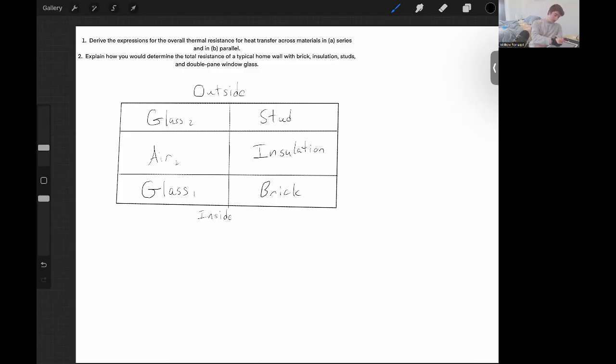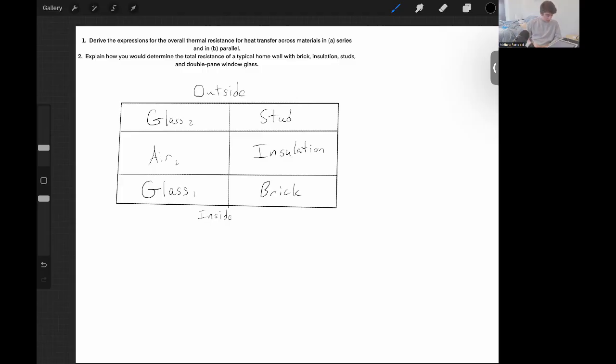So the heat transfer from glass one over here will equal glass two, meaning that we can relate them to each other and actually add the resistances to each other to find the total resistance of the sequential series. And once we do that for both sides, if we have two known resistances in parallel with each other, we can then add those two resistances to each other to then know the total resistance of our system.